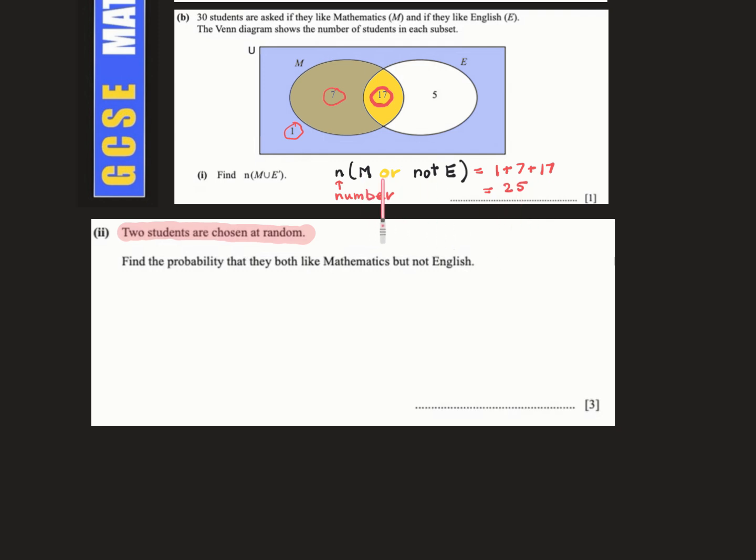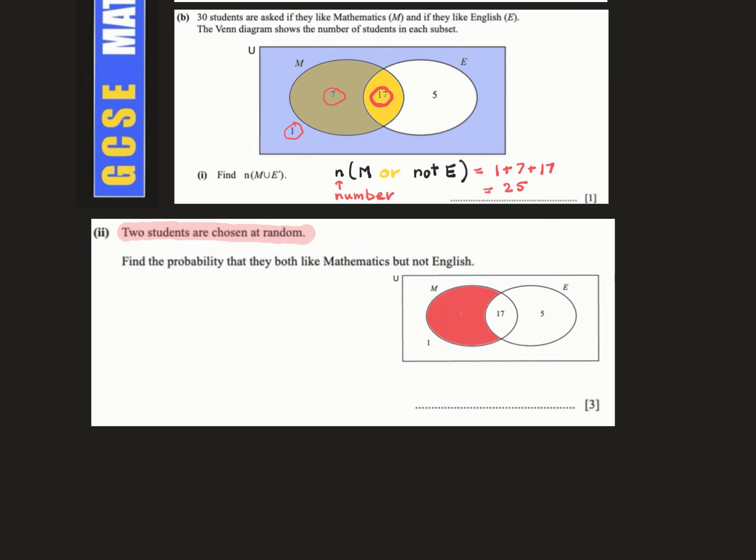It does say mathematics or not English, but this is not the same as mathematics but not English. So if we look at our Venn diagram, we can see that there are only 7 students who like mathematics but do not like English.